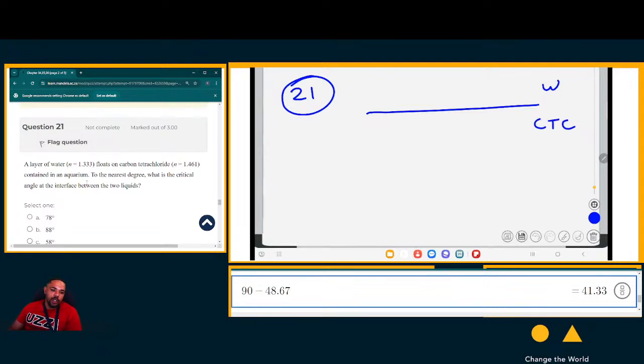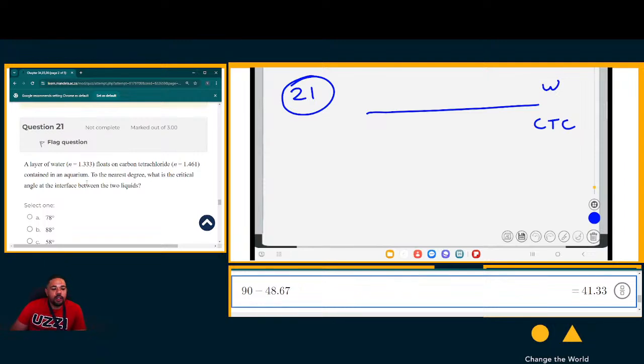Let's call it CTC for short. If my chemistry is correct, carbon tetrachloride is carbon and 4 chlorines, I believe. I may be mistaken. I haven't done chemistry in a long time. So a layer of water floats on carbon tetrachloride.